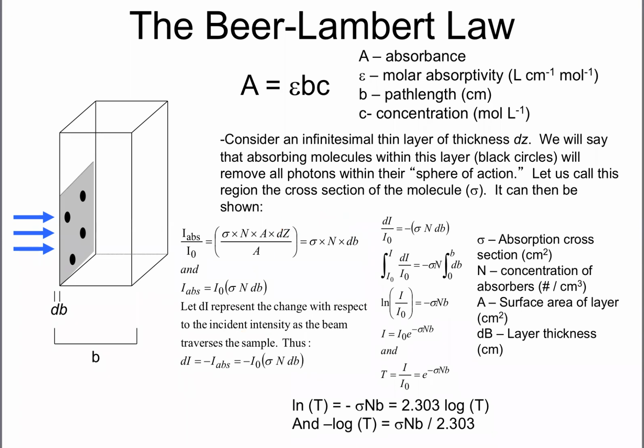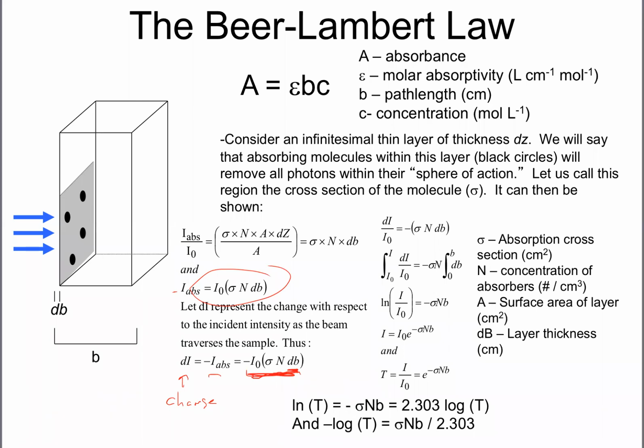As the beam traverses this very thin layer at the end of my cuvette, dI tells me the change in intensity. That change caused by absorption should be minus I absorbed, minus because the light's removed. So the change in the incident intensity is equal to that term, which is just the negative of this. I multiply by -1, basically.